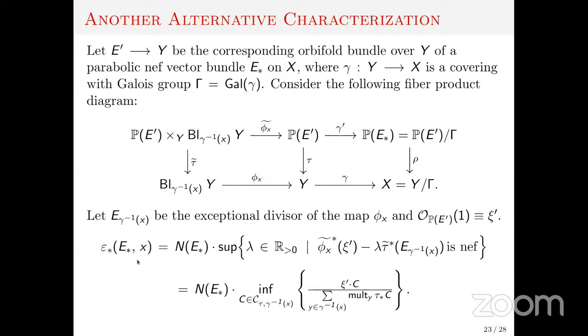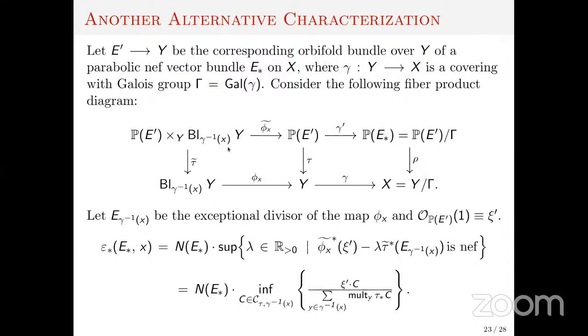Then one can show that the Seshadri constant is equal to n of E star times the supremum of lambda positive real numbers, such that phi x tilde star of xi prime, where xi prime is the tautological bundle of P of E prime, minus lambda times tau tilde of the pullback of the exceptional divisor, is nef.